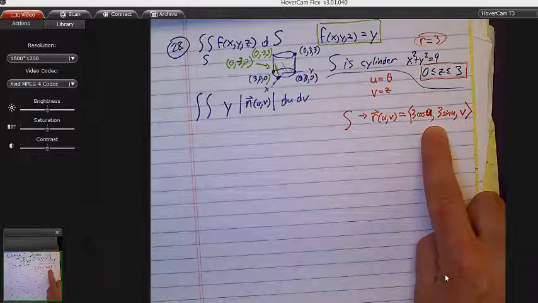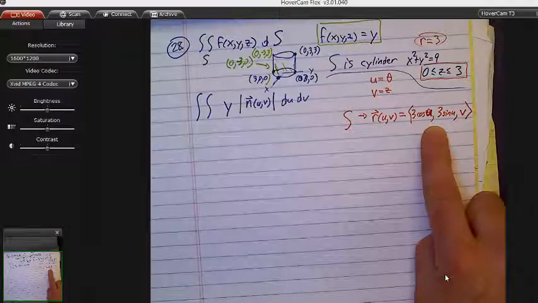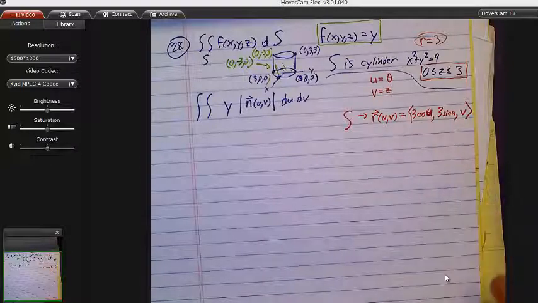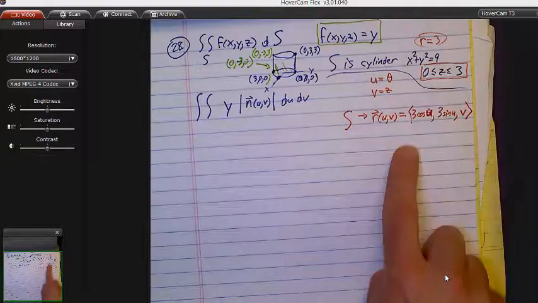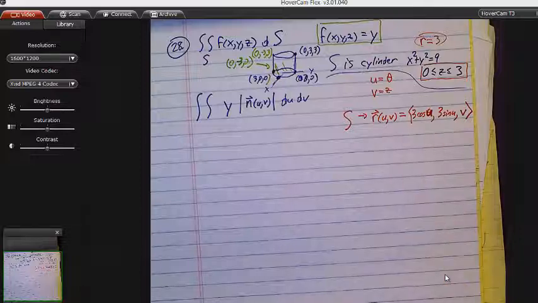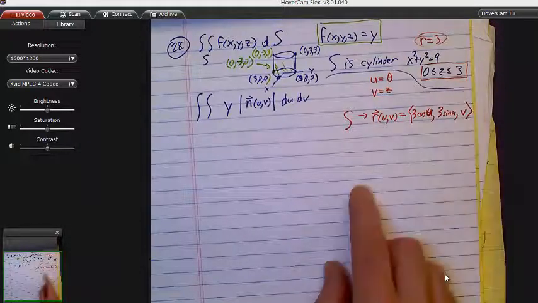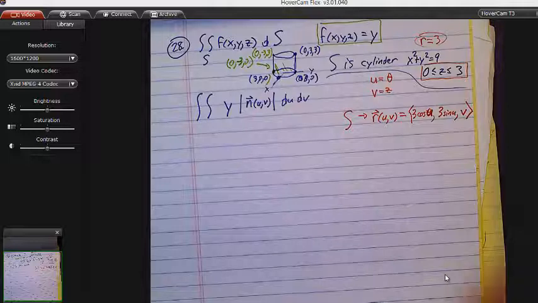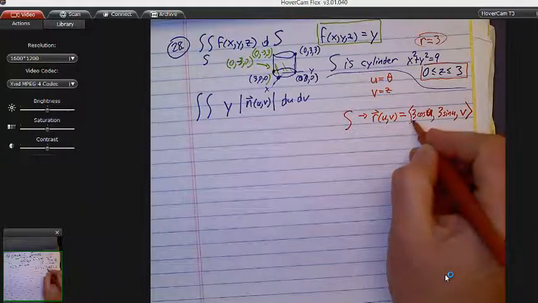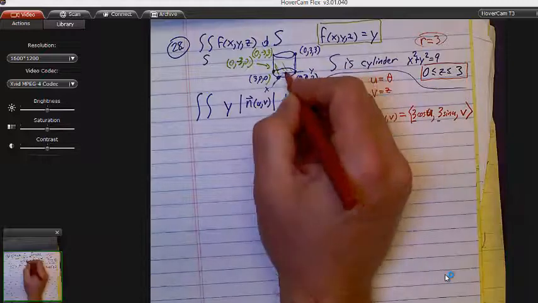If you see a sphere, you want to use spherical coordinates. But notice that with the sphere, your rho becomes a constant. Here, r becomes a constant for a cylinder. So the constant is 3. This 3 that I'm underlining is this radius right here.